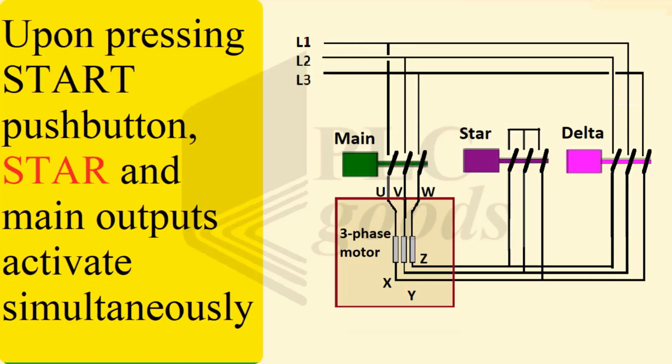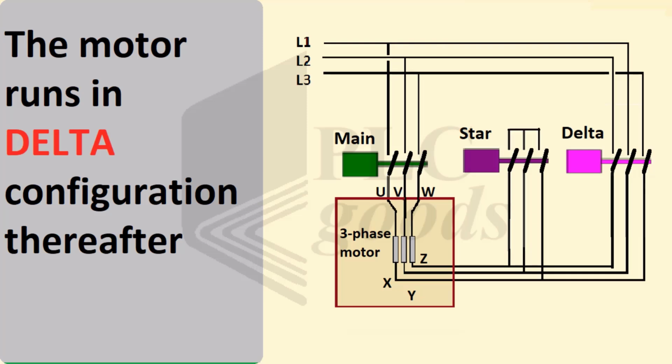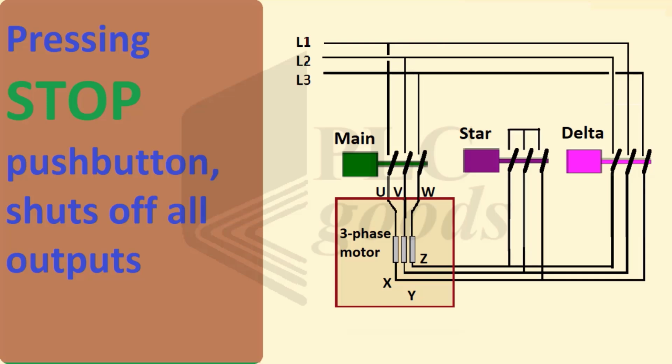Upon pressing a start push button, a star and main outputs activate simultaneously. After a 6-second delay, a star output deactivates and delta output engages. The motor runs in delta configuration thereafter.